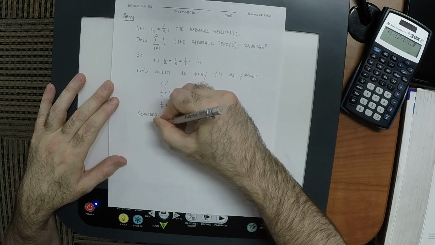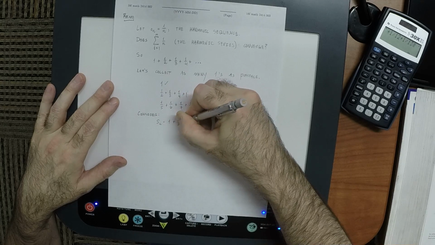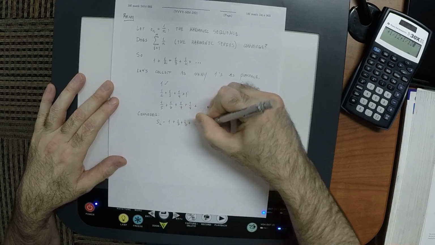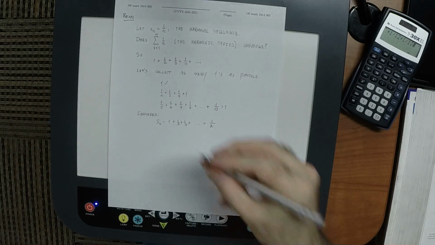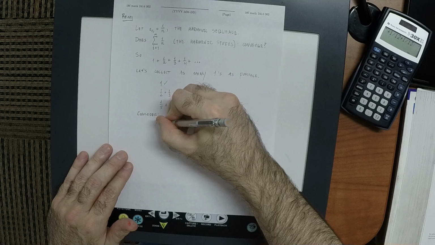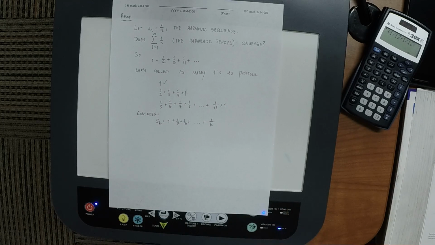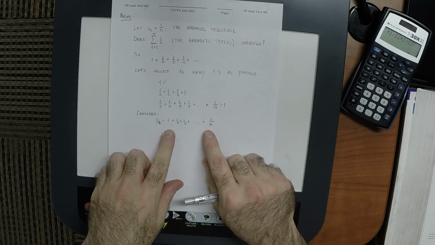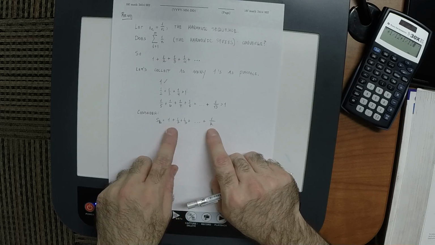So if we consider, say, S_K, S_K is 1 plus a half plus a third plus ... plus 1 over K. All right, here's an interesting observation. How many terms are here?